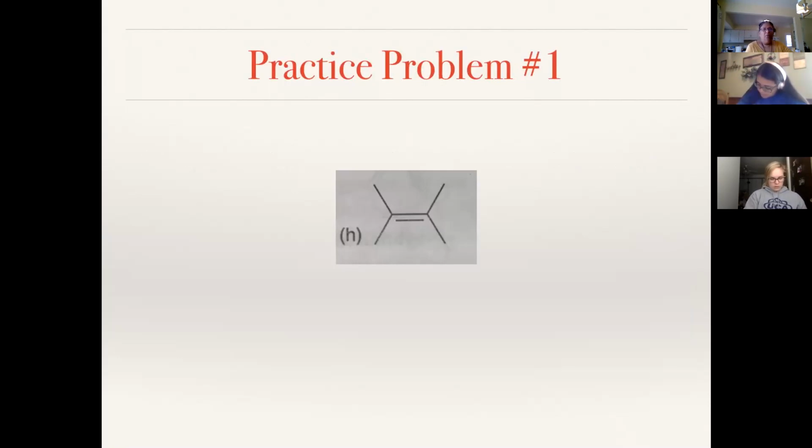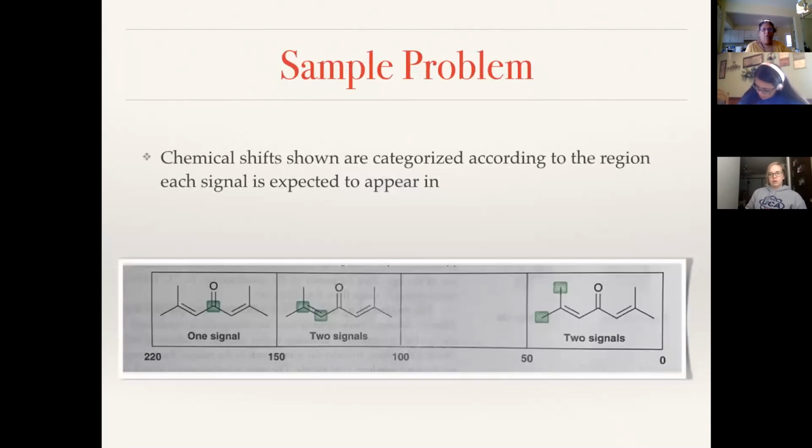Okay. Can you go back to the previous one again, please? So you have two signals for each of the unique carbons, right? 0 to 50, two signals for the carbon-carbon sp2 alkene, and then one signal. Okay.